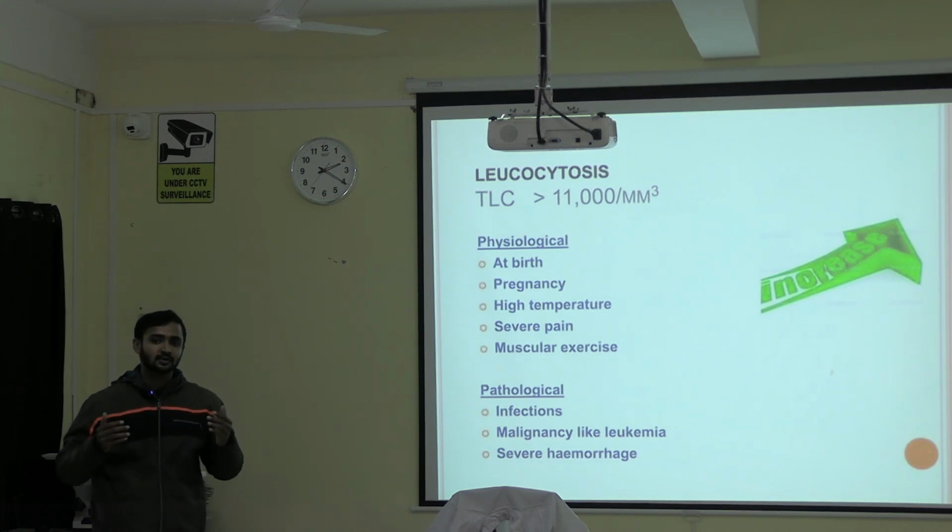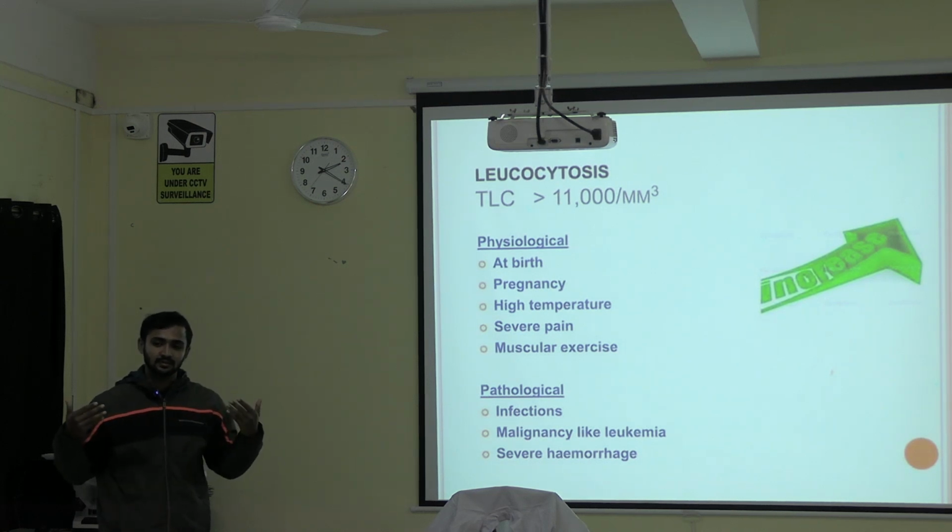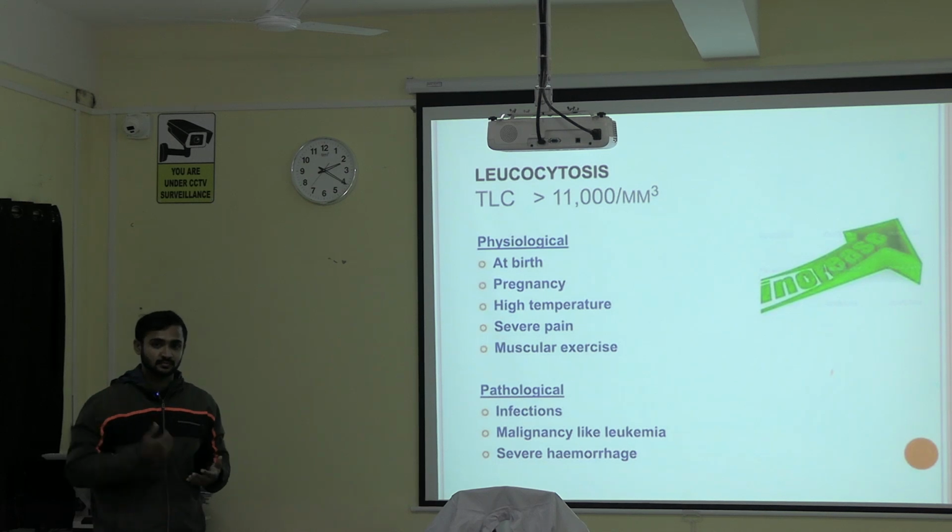When there is increased movement or exercise, there will be dilation of the blood vessels, and the flow will increase. At that time, due to dilation, the cells come towards the main circulation, the main flow. So at that time there will also be an increase in WBC count.